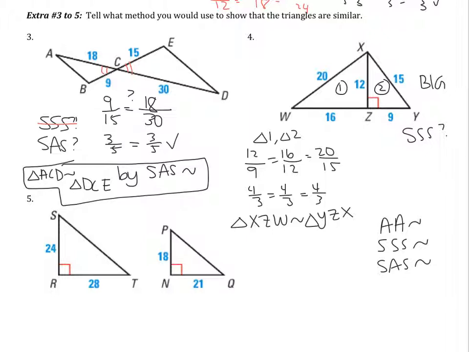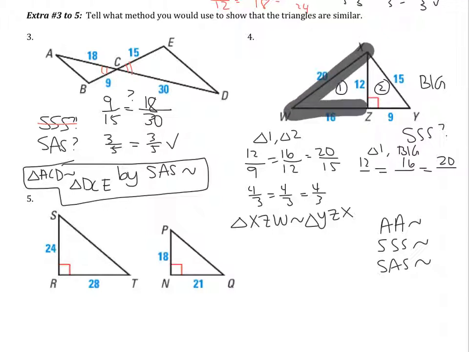Okay, now I'm going to compare triangle 1 to my big triangle. So triangle 1 still has sides of 12, 16, and 20. By big triangle, I mean this triangle right here. Sorry, poor choice of color. So the smallest side on that triangle is going to be 15. The medium side is going to be 20.